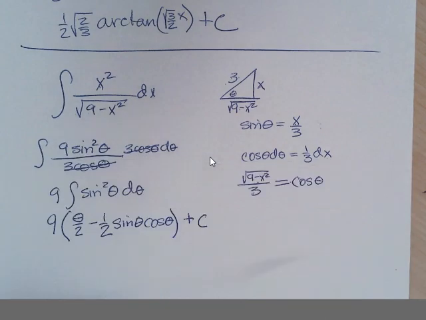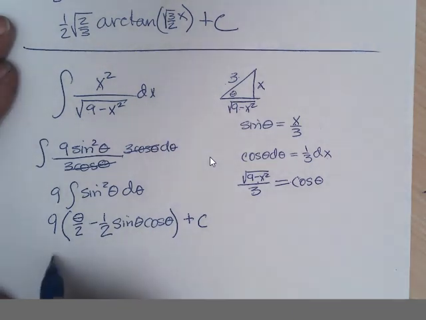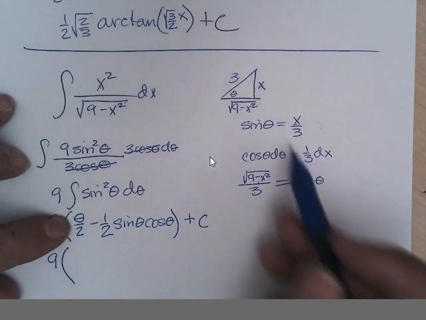Okay? So, again, we manufactured theta, so now we have to go back to x's. So we got 9 parenthesis theta.